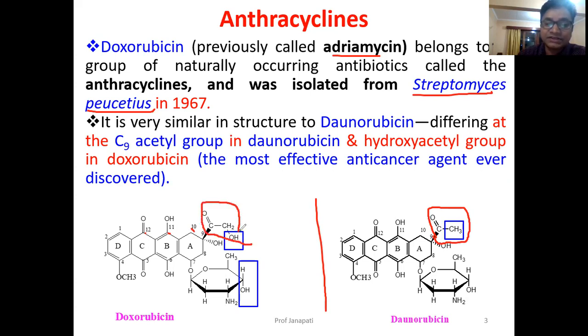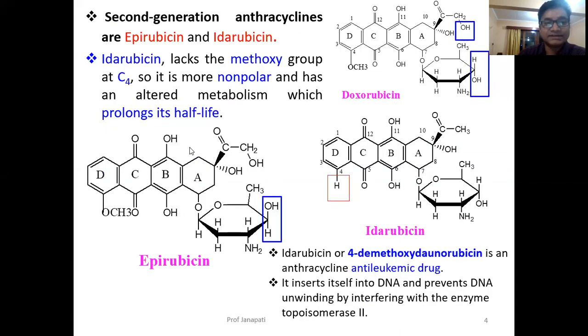That is the only difference between doxorubicin and daunorubicin. Doxorubicin is quite active and the most potent drug. Now, in the next slide, we will see some more of its drugs.